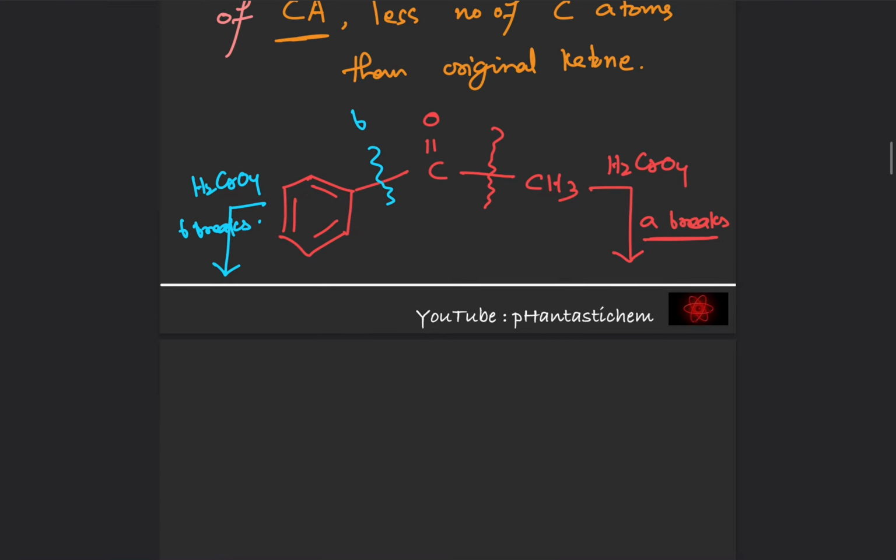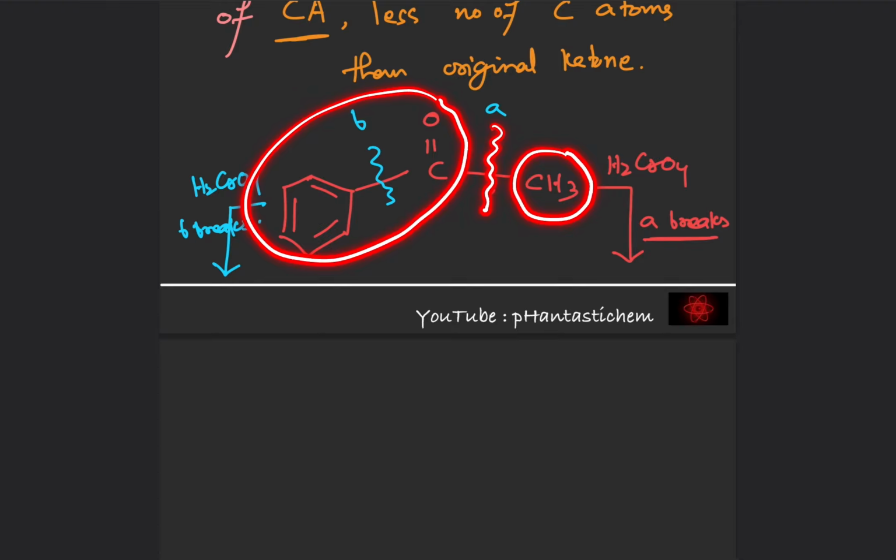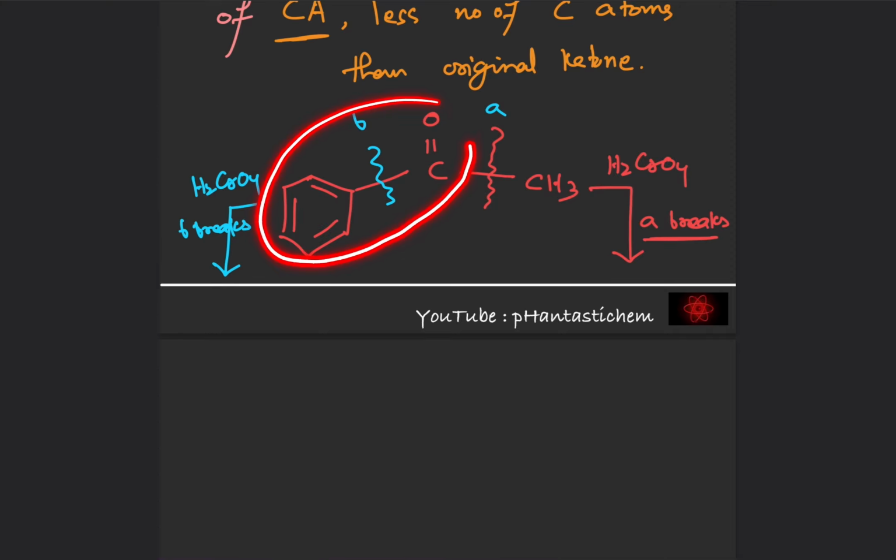So when A breaks, this part will give me one carboxylic acid, and this part will give me another carboxylic acid. Carboxylic acid corresponding to 7 carbon atoms is benzoic acid.